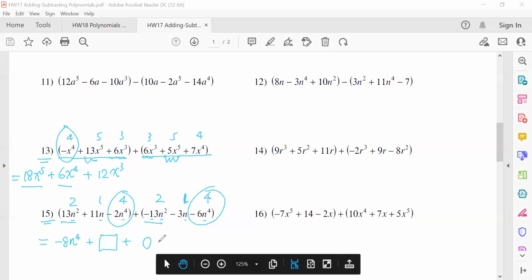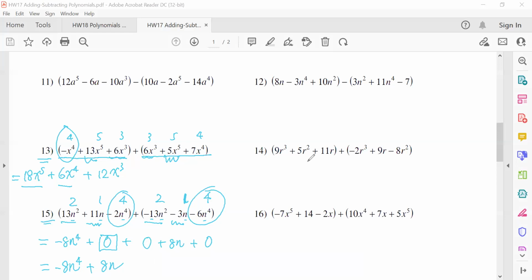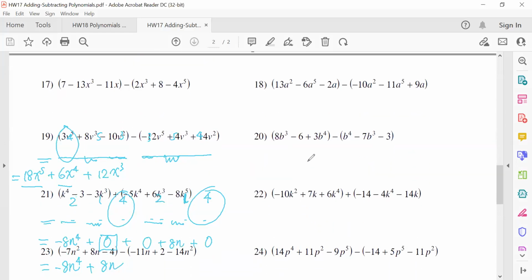And degree of 1, when you combine, it became 8n, right? And degree of 0 is nothing, right? Here also 0. So we just write it like this. That's it. Do you guys have any questions about combining like terms? Combining like terms is relatively easy, right? The first thing you need is to find out what the like terms are.